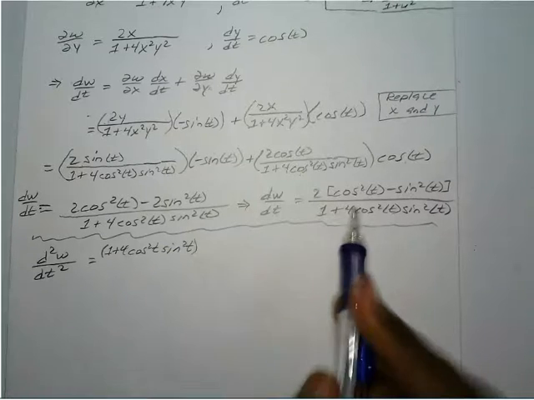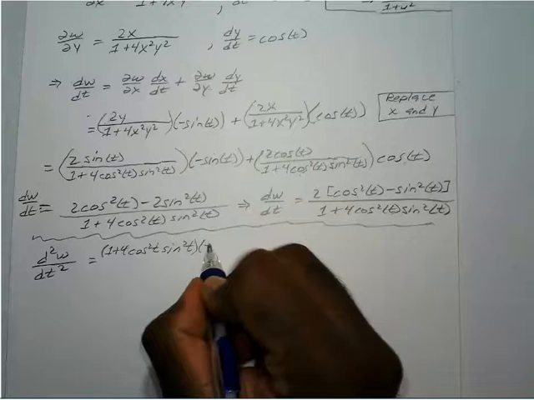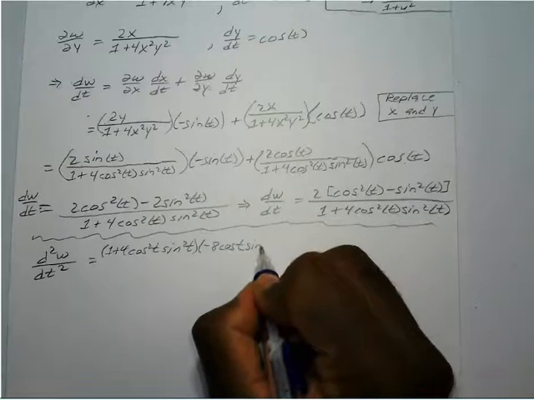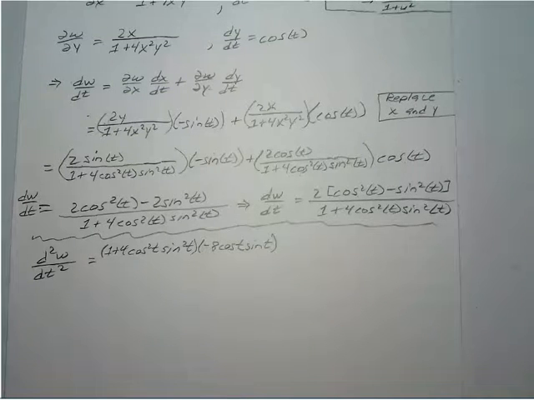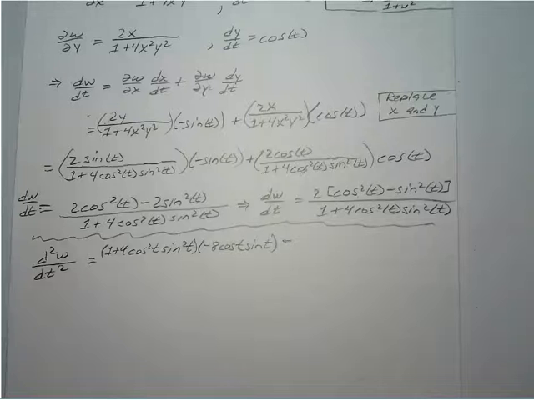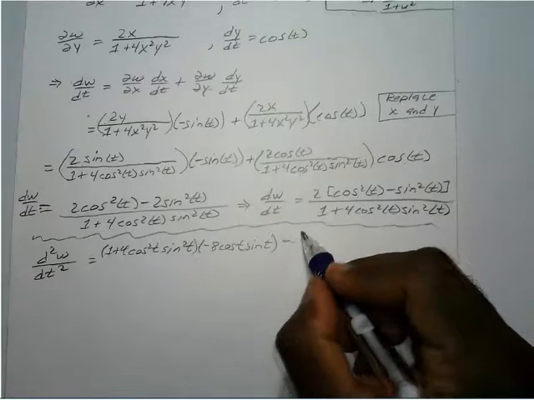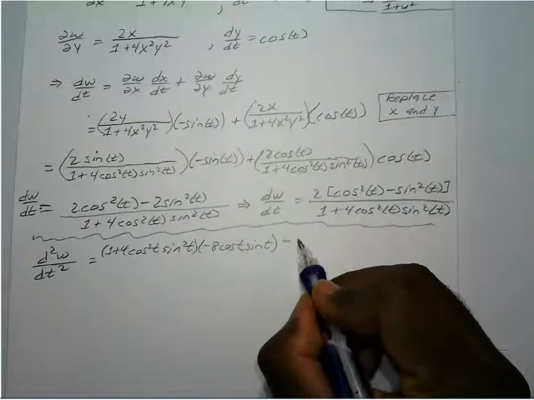So denominator times the derivative of the numerator. That's actually negative 8 cosine t sine t, minus the numerator times the derivative of the denominator.